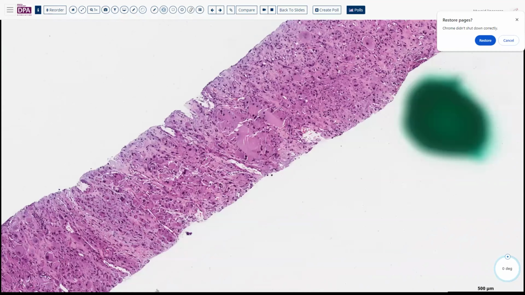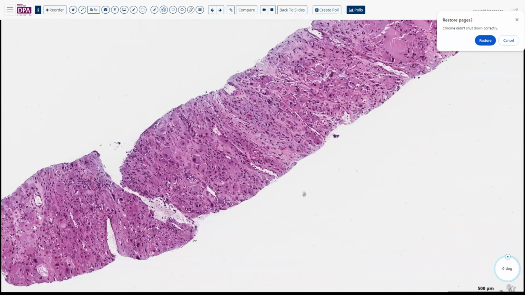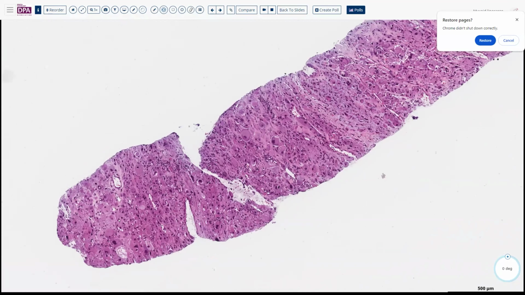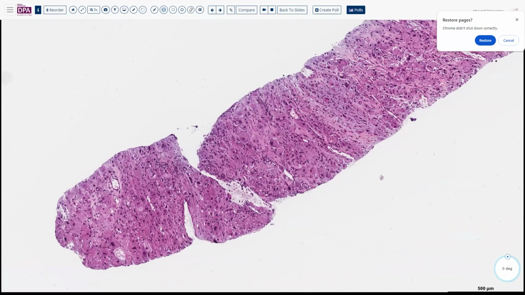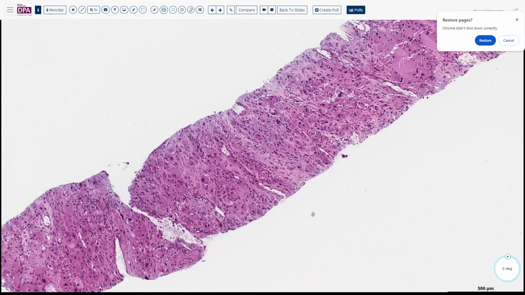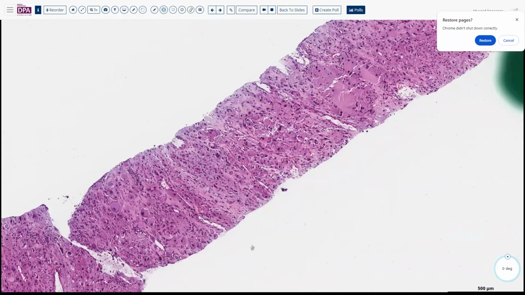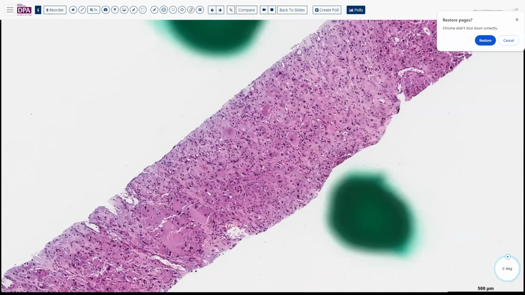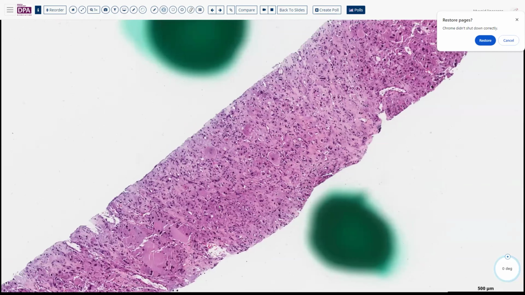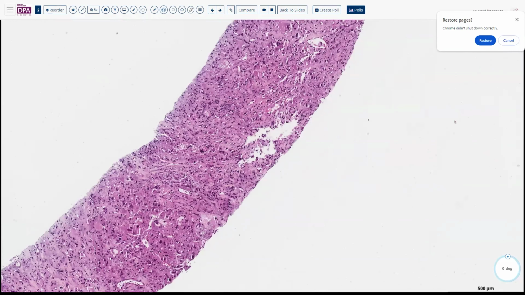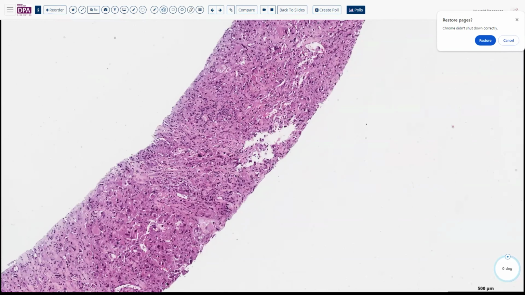It was negative for any of the common things that we might think of. Melanocytic markers were negative and so forth. So that left us thinking, well, this is some sort of a sarcoma. And in general, we don't think of highly pleomorphic sarcomas as being fusion gene driven.